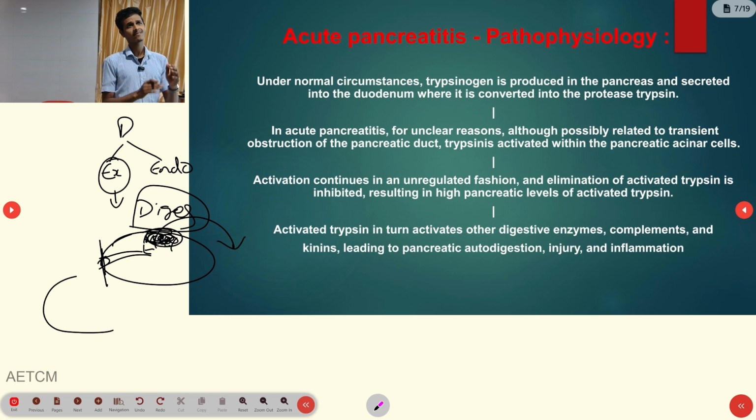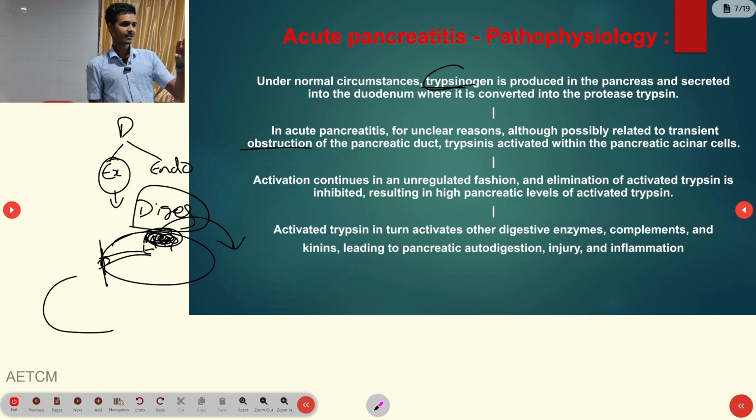In this slide we can see some other extra details. Trypsinogen is produced in the pancreas and secreted into the duodenum, where it is converted into the protease trypsin. These are digestive enzymes, and mainly trypsin will digest protein substances. As we said, if any transient blockage happens, trypsinogen will be activated inside the pancreatic cells itself.